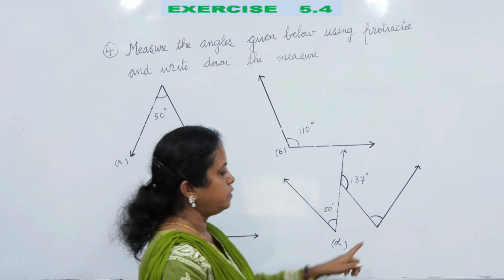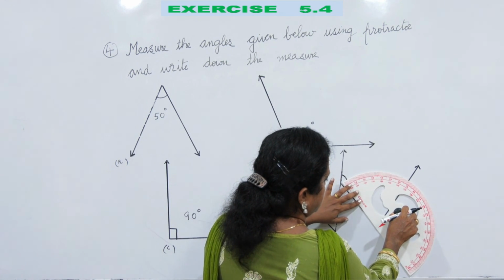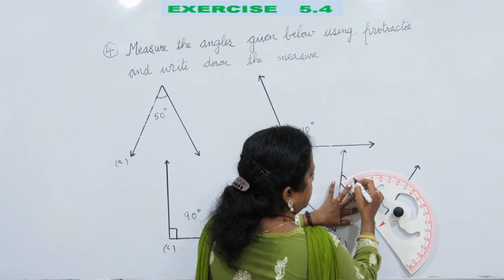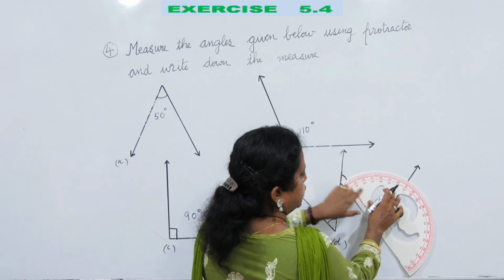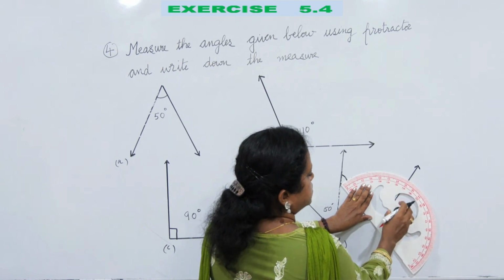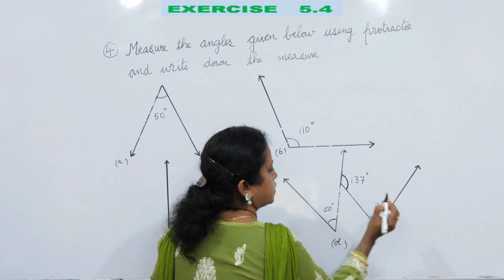And for this angle, you have to place again the protractor with the midpoint at the vertex of the angle, and starting from 0 you take the reading, and here it ends at 70. So the angle here is 70 degree.